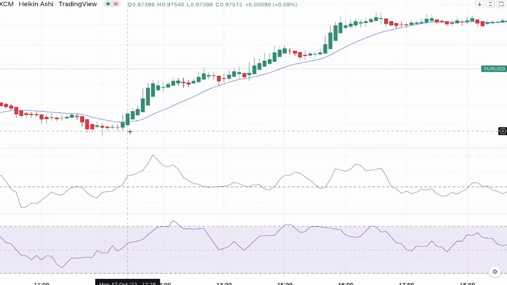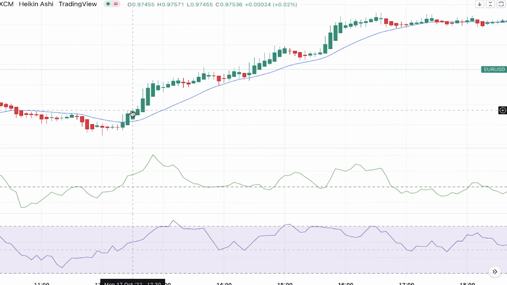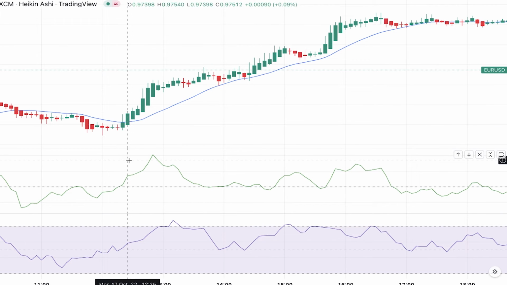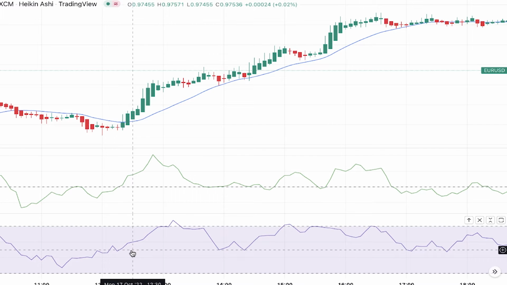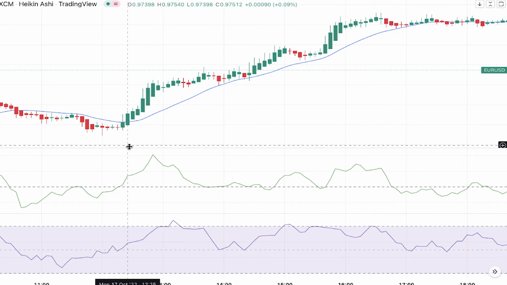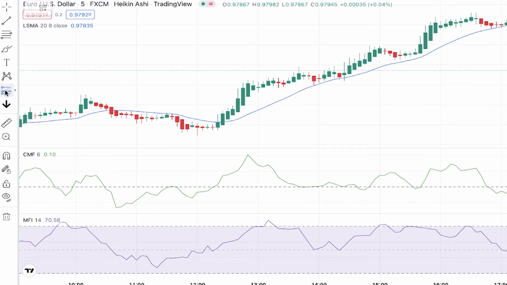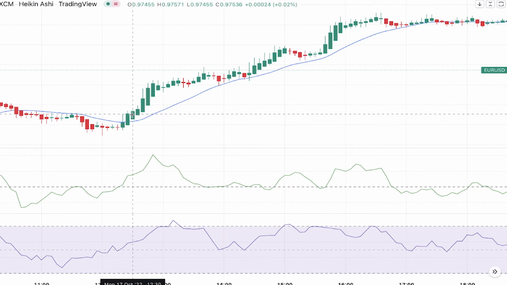So when the price crossed above the moving average line and the Heikin Ashi candle is closed above the LSMA line with the characteristics that I explained earlier, then at the same time Heikin money flow and money flow index, both of them should be above the center line. For Heikin money flow, the center line is 0, and for money flow index, the center line is 50. By having all these conditions, we can enter a long position here when a new candle is opened.